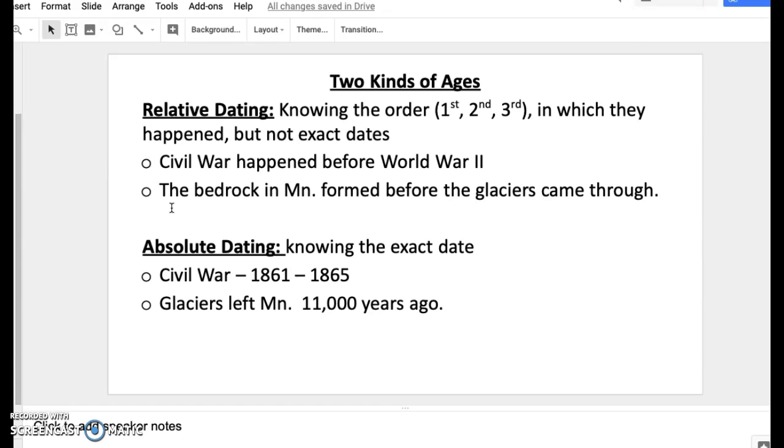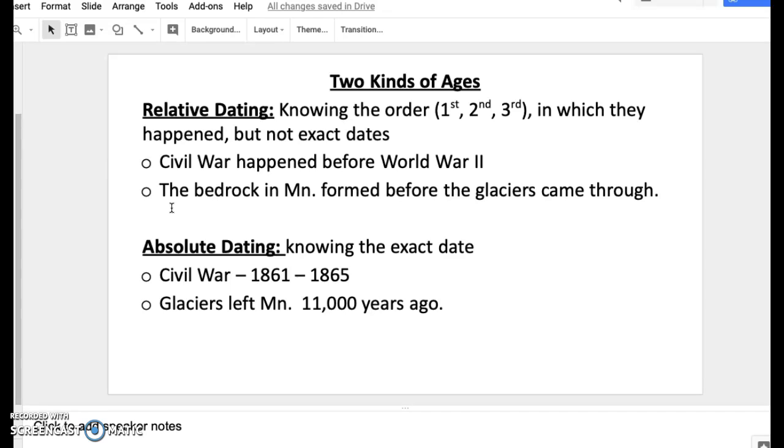For example, we know that the Civil War occurred between 1861 and 1865. So that is the absolute age of the Civil War in a way. We could also say the glaciers left Minnesota 11,000 years ago. That's an absolute age. Anytime you basically attach a number to something, you are determining the absolute age.